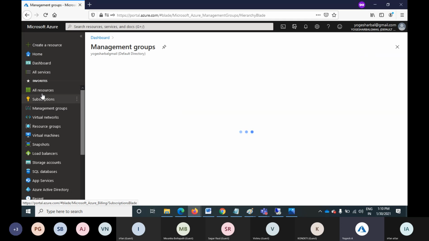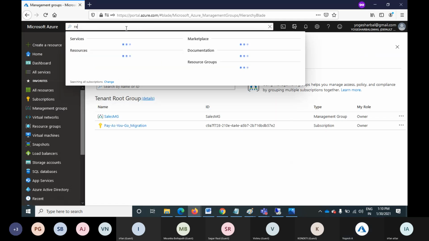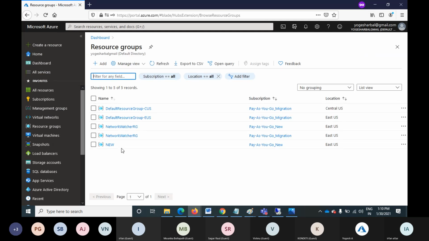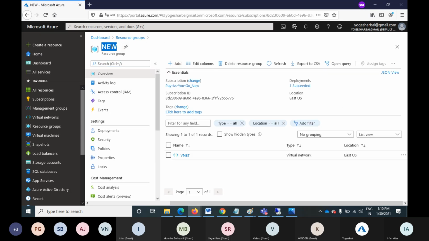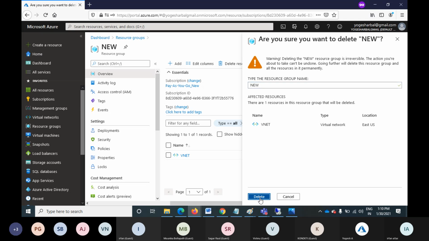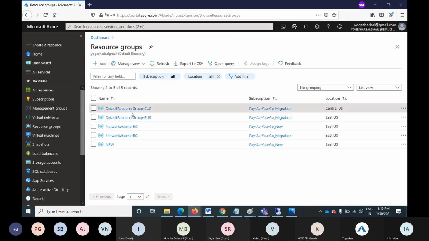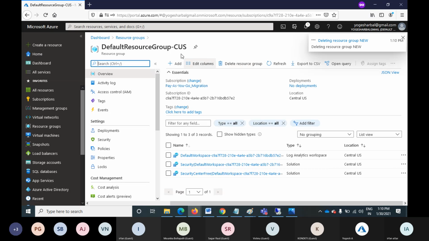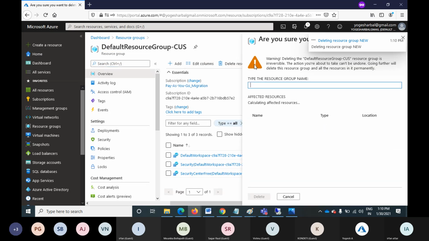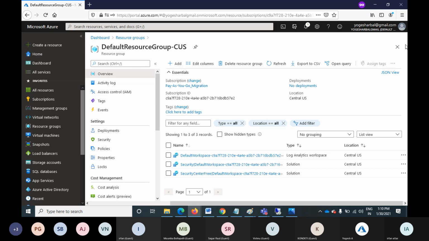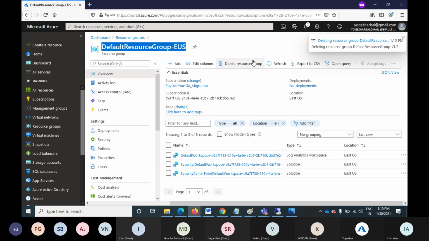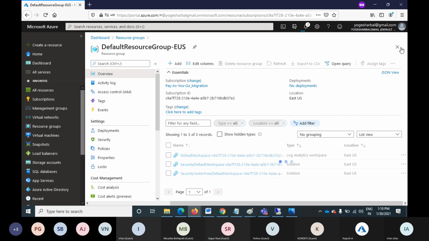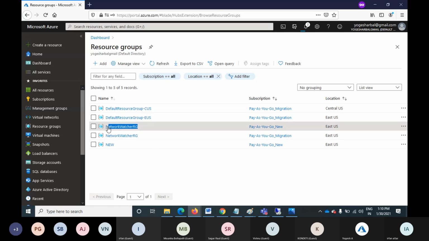Okay, go to resource group. So for this scenario, we also need two accounts?